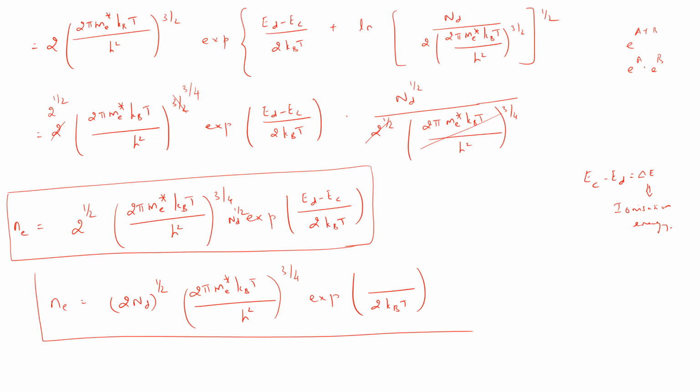We wanted to change this as minus delta E. Okay, so this is the final expression for carrier concentration in an n-type semiconductor.